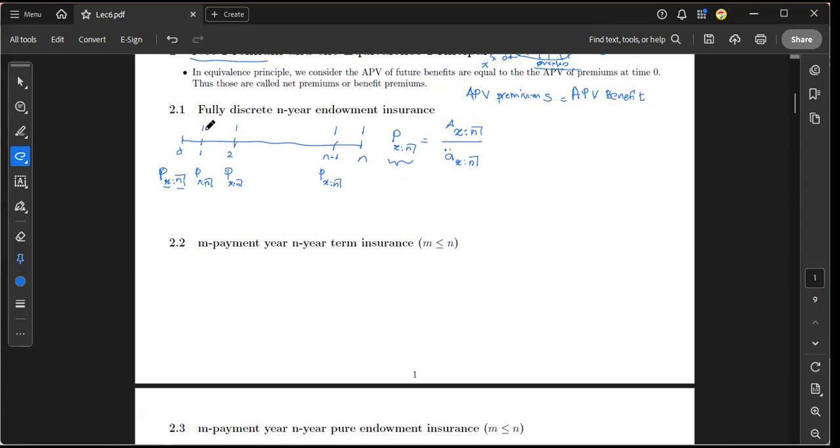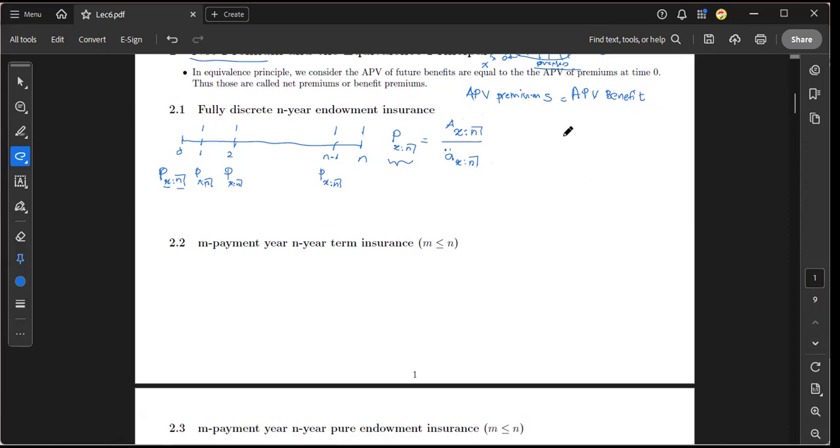So if this insurance is going to pay $10,000 at death, we divide the present value of the benefit of 10,000 by the present value of the series of premiums, which is carried out for the first n years. So that's the meaning of this one.